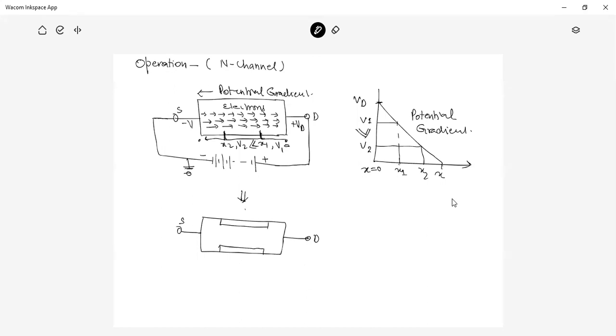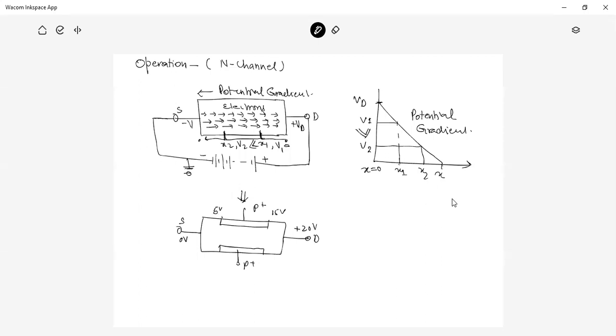This gate is of P plus. So this point is, say, a positive potential, say plus 20 volt, and here it is 0 potential. So this point can have say 15 volt and here say 5 volt.